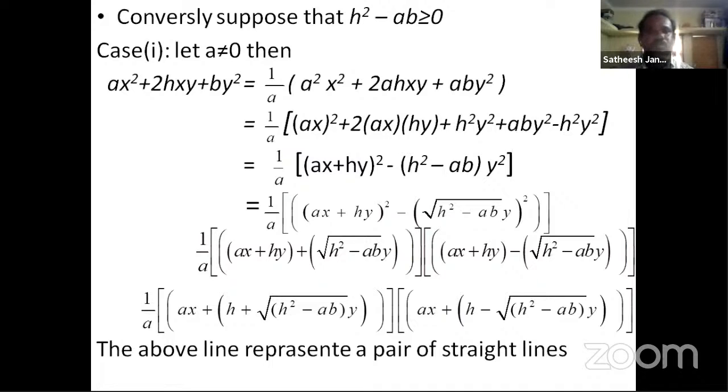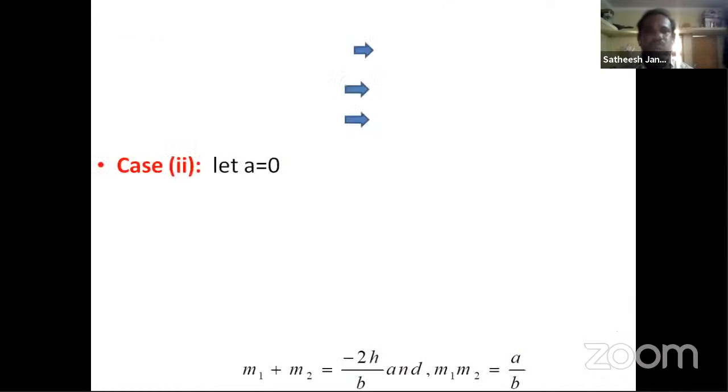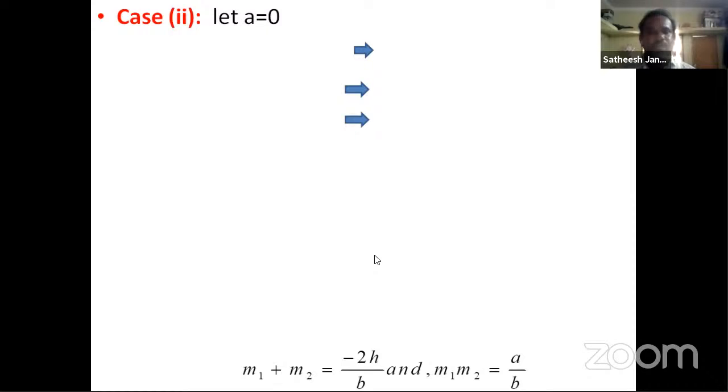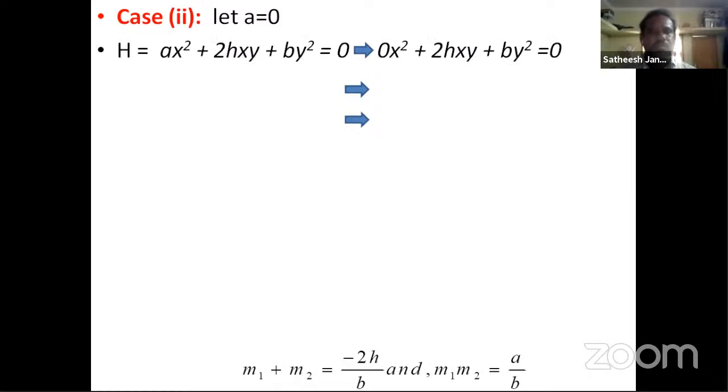Next topic. Case 2. In case 2, first suppose a is equal to 0. If a is equal to 0, h is equal to ax square plus 2hxy plus by square equal to 0, where a is 0, means 0 into x square plus 2hxy plus by square is equal to 0.